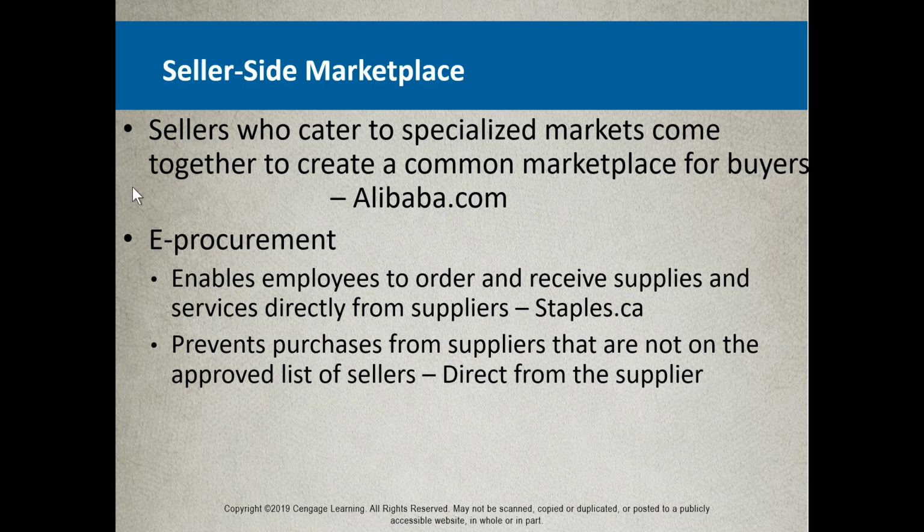This is e-procurement. It also helps in a way to prevent a bit of internal fraud, because there are recommended companies that are approved by your company to purchase from. And what that does is it helps reduce the potential for possible fraud.